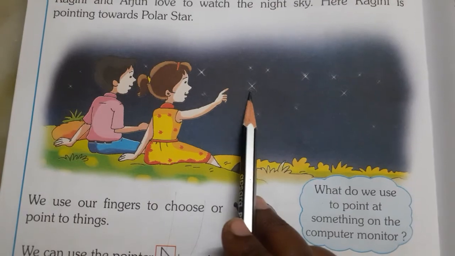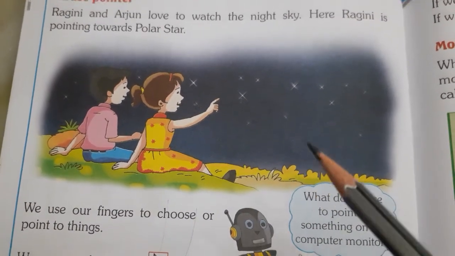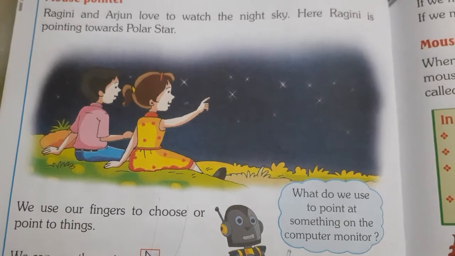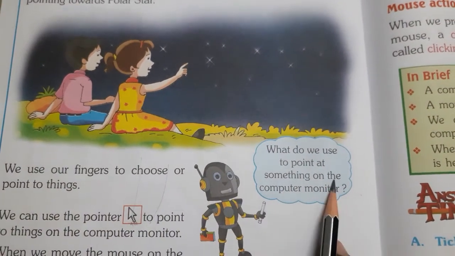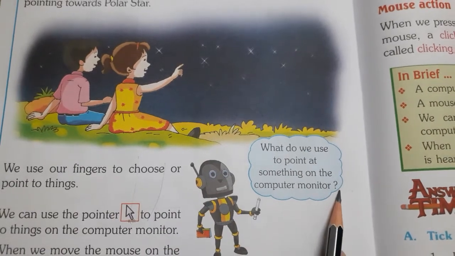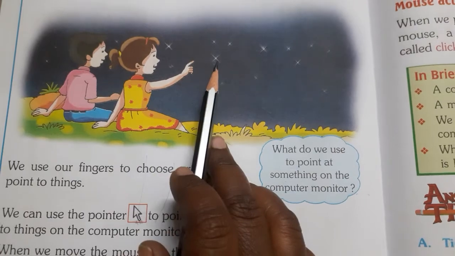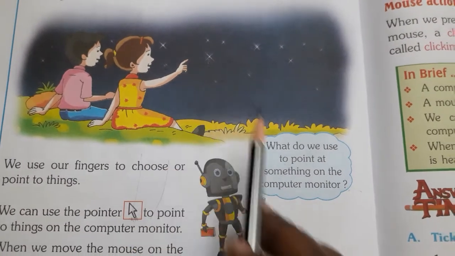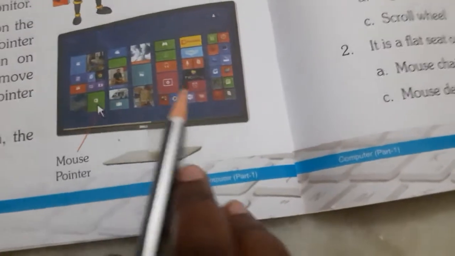Like this we can point at icons and pictures on the monitor by using this mouse pointer. What do we use to point at something on the computer monitor? Here she is pointing with her finger, no? Here, how will we point at these pictures?